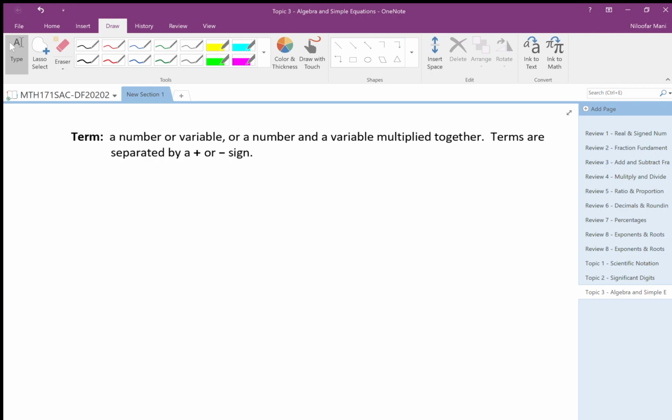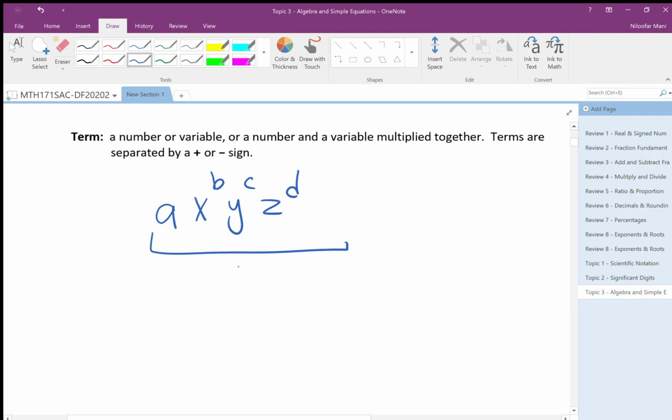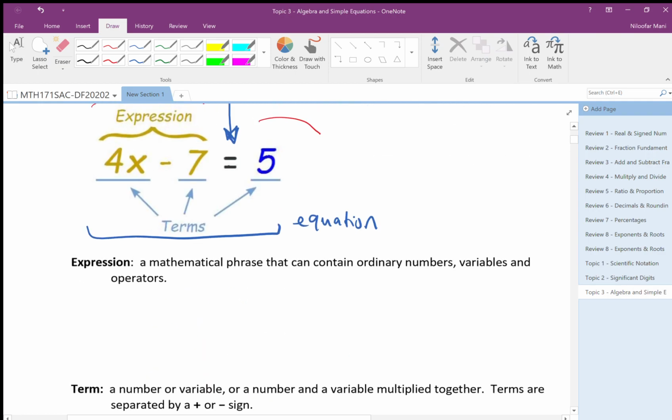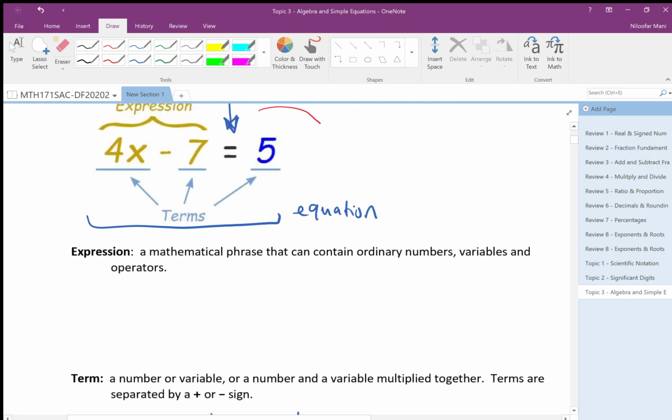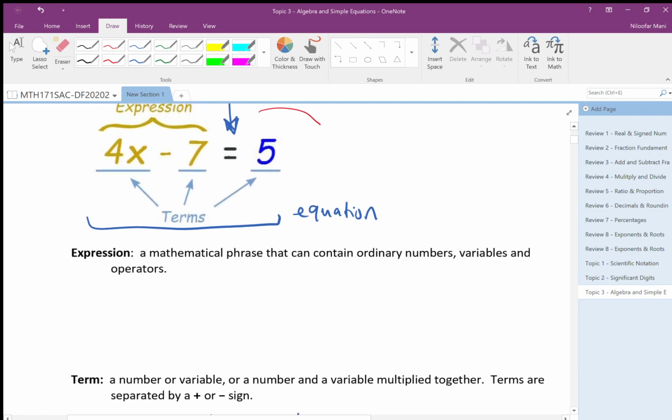For example, I can have a, x to the power b, y to the power c, z to the power d, or any other variables to different powers, and this can be just one term. I know here I just see x, but it's possible to have one number multiplied by several variables to different powers.